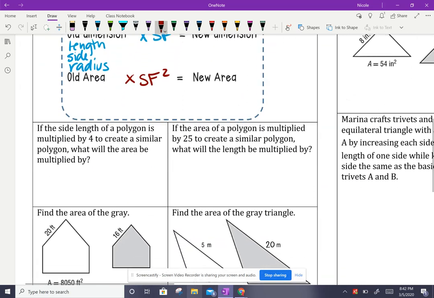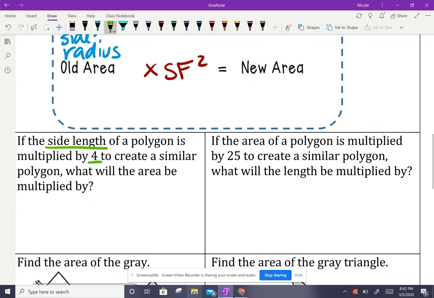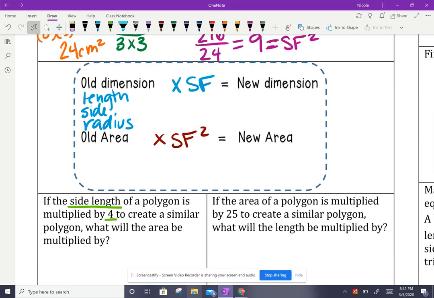So let's take a look at an example. It says, if the side length of a polygon is multiplied by 4 to create a similar polygon, what will the area be multiplied by? So our side lengths are multiplied by 4. So if you look back up at our chart here, it says old dimensions are multiplied by scale factor to get new dimensions.